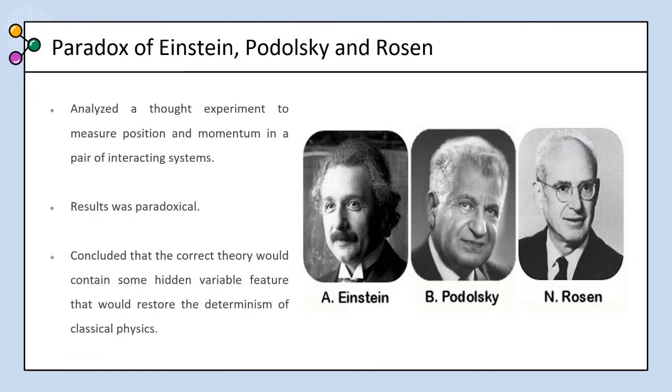Employing conventional quantum mechanics, they obtained some startling results, which led them to conclude the theory does not give a complete description of physical reality. Their results, which are so peculiar as to seem paradoxical, are based on impeccable reasoning. They concluded that a correct theory would contain some hidden variable feature that would restore the determinism of classical physics.